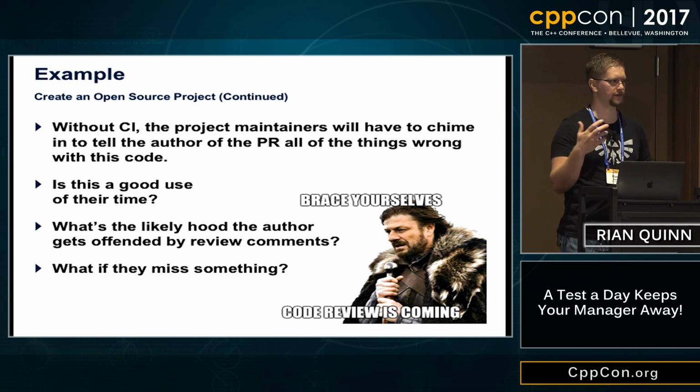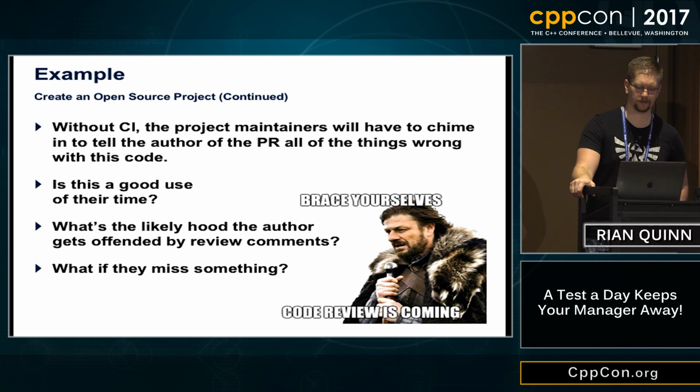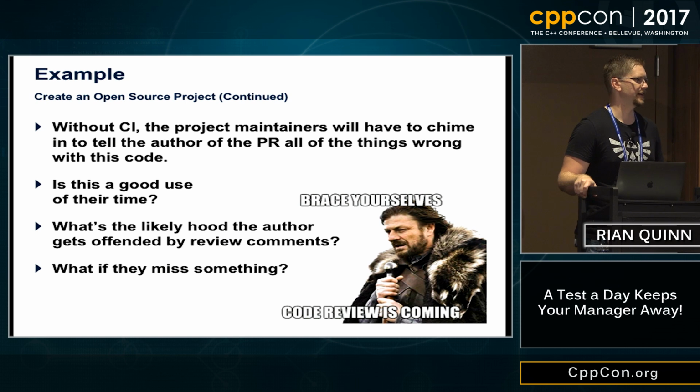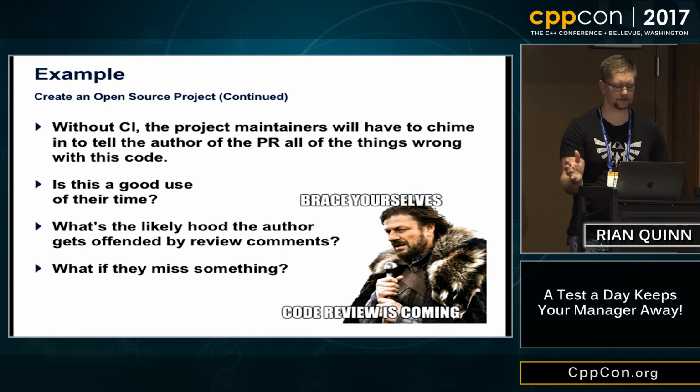And everyone's got different ways of handling this. Some people are going to just slam the person that put that code in there. How dare you write such horrendous code, and the whole nine yards. Other people will be nice and provide decent comments and actually help guide the person to a better piece of code. But in the end, the major theme here is that this is a manual process.